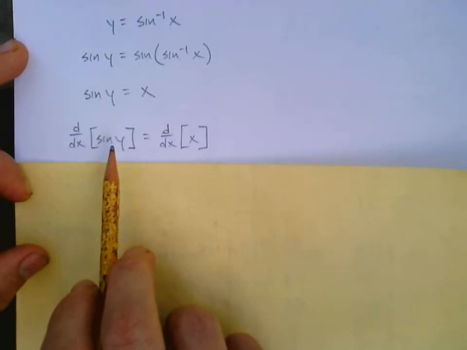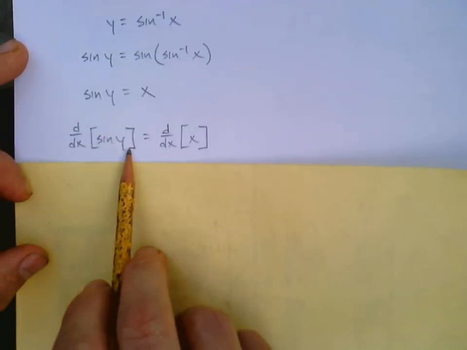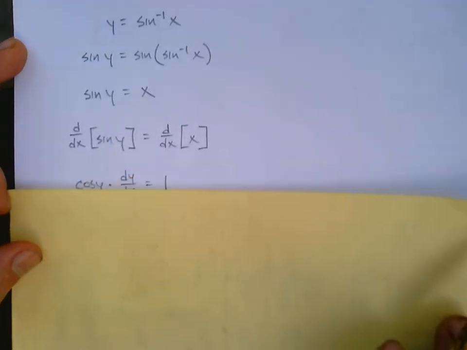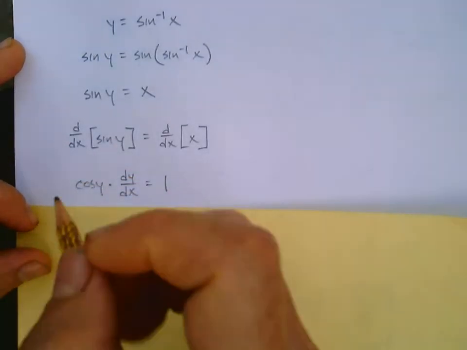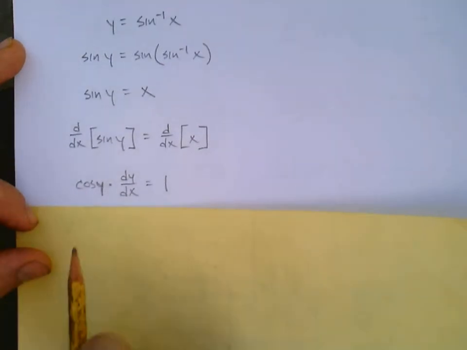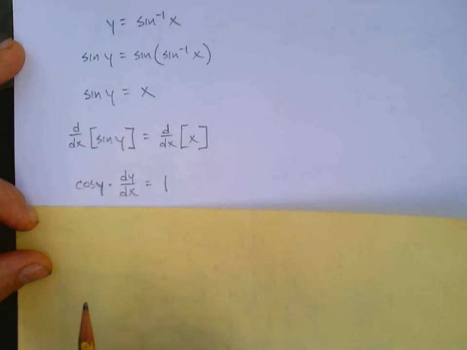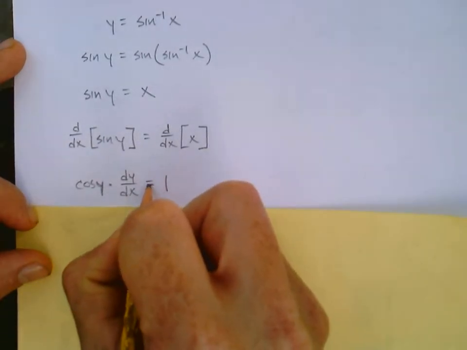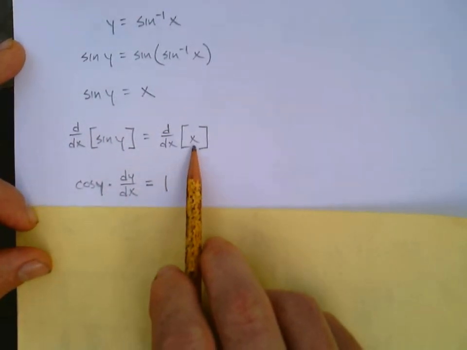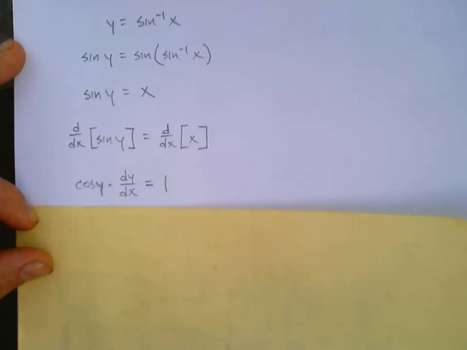Okay, we've got a chain rule here, the sine of y. So it's going to be cosine y times dy over dx. Okay. And our derivative of x, of course, is just 1.